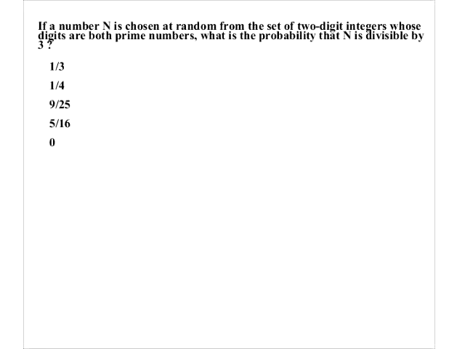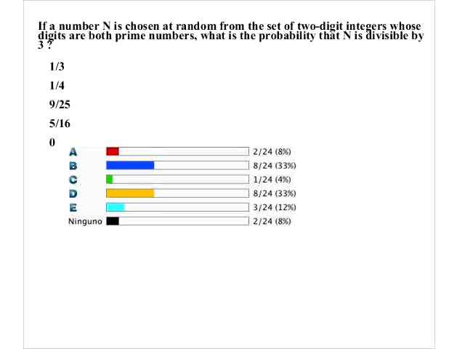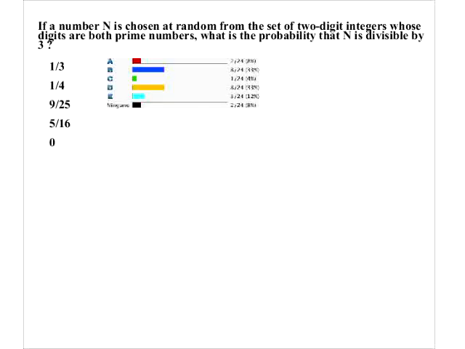Okay, so I'm going to put your statistics on the screen. Here they are. People mostly gave answers of B and D here, but let's check this out. Long story short, there's not really going to be any short way to calculate this probability.